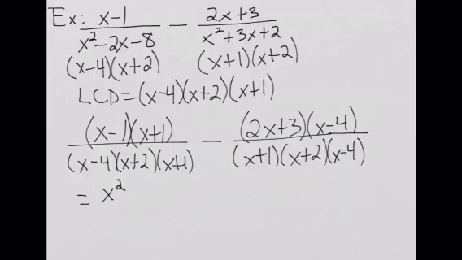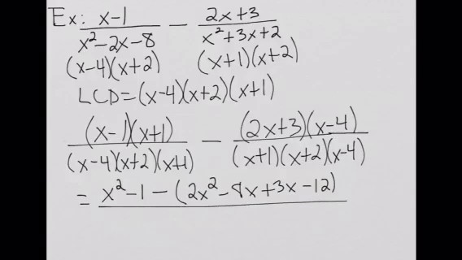And so we'll just get x squared minus 1, minus, when we fold this side out, we get 2x squared minus 8x plus 3x minus 12. And now that I'm combining those, I can write that over that same denominator of x minus 4, x plus 2, and x plus 1.